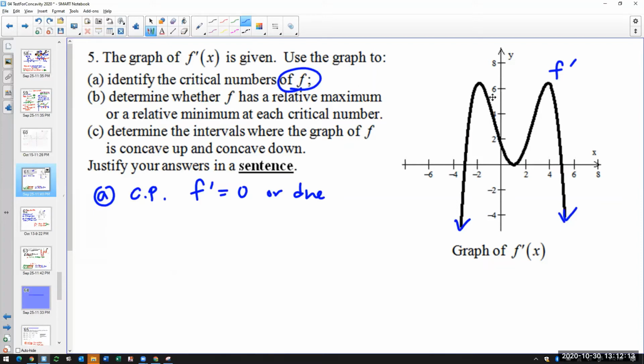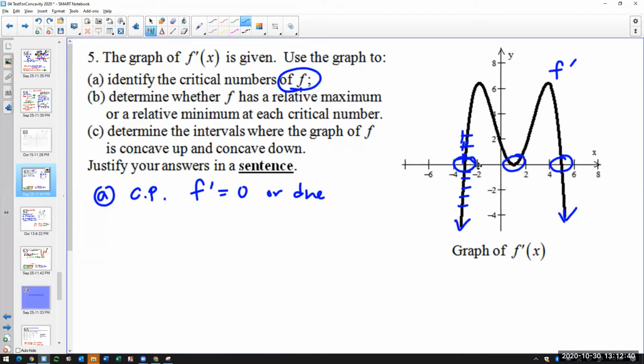So where is f prime equal to 0? Do you see f prime is negative here, and it's positive here? These are positive symbols. So do you see f prime is equal to 0 right there? Anywhere else where f prime is equal to 0? Right there. Anywhere else? Right there.